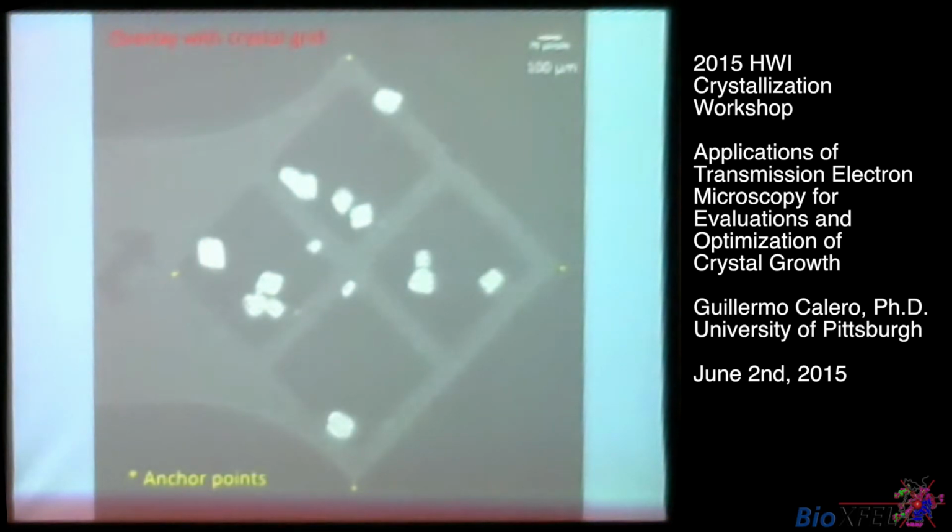Then if you overlay the grid with the crystals, you can see that these are the ones where you would see some background because they are on top of the Mylar. But for all of these, you won't see anything because they are just floating on the grid. So these are much easier to generate our anchor points, and we also break the symmetry by adding this arrow, pointing to the first fiducial point.